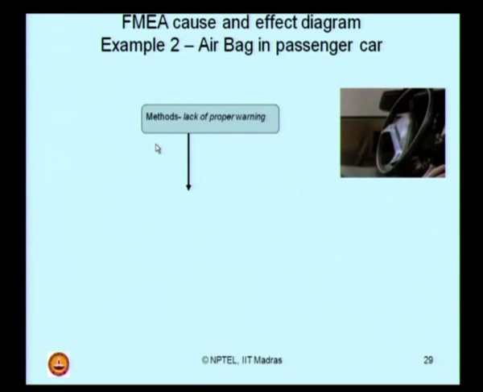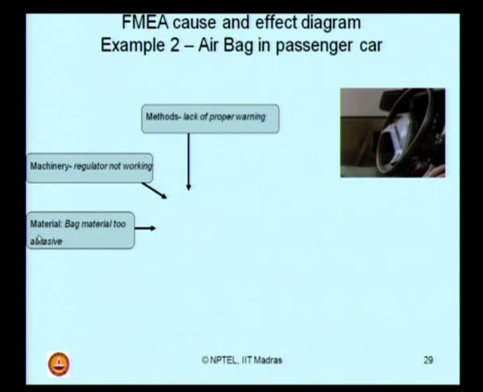So, what are the methods? Lack of proper warning. Machinery: the regulator is not working in this given system. What could be the material problem? The bag material is too abrasive, it actually irritates the person who is hitting the airbag. What can you do about the people? The passenger is too small. For example, if the passenger has enough height, then the head can come and rest on the airbag.